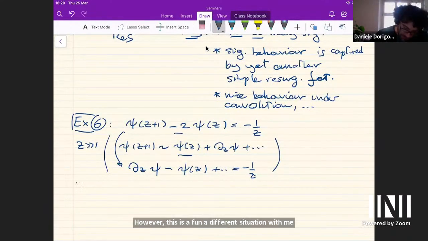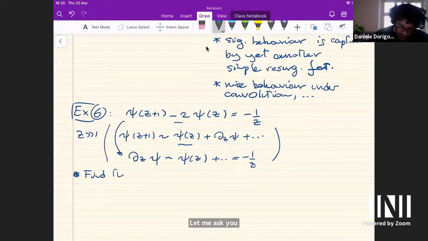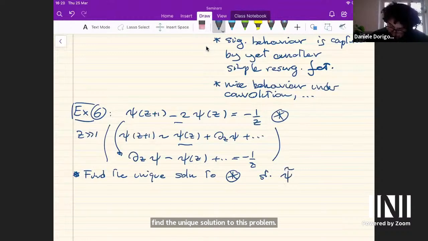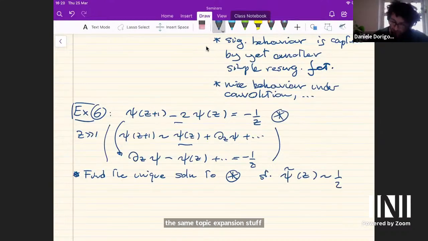Let me ask you this. Find the unique solution to this problem such that the asymptotic expansion starts with 1 over z when z is much bigger than 1.